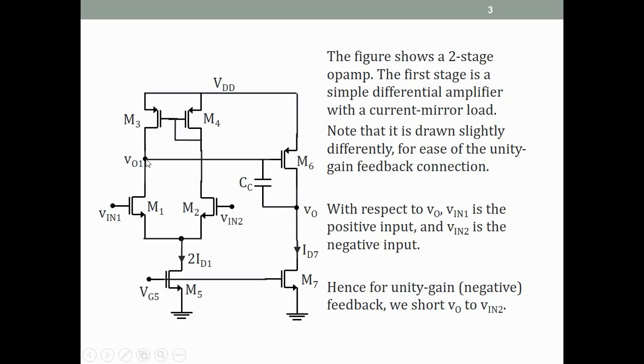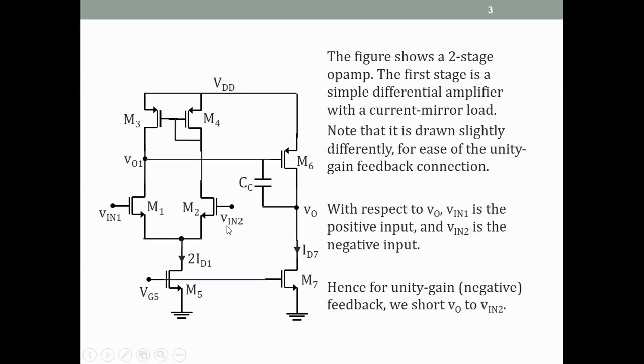So the output is taken here of the non-diode connected transistor that goes to the input of the second stage, which is a common source stage, and the compensation capacitor is between the input and output of the second stage driver transistor. Alright, so with this, V1, V2 are the inputs, VO is the output.